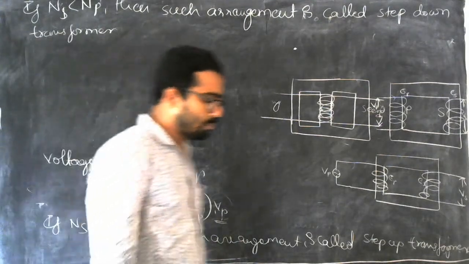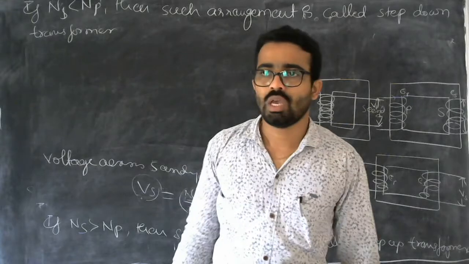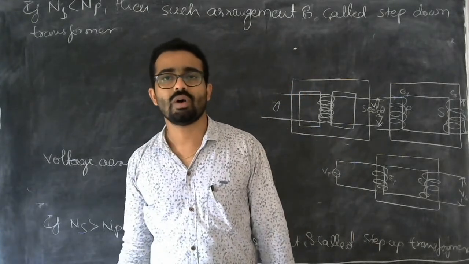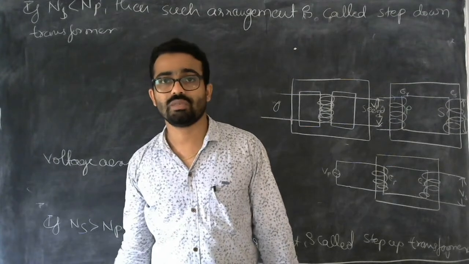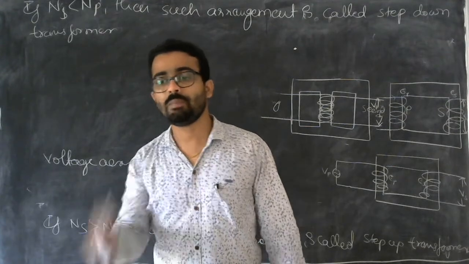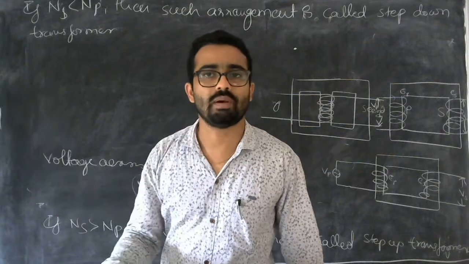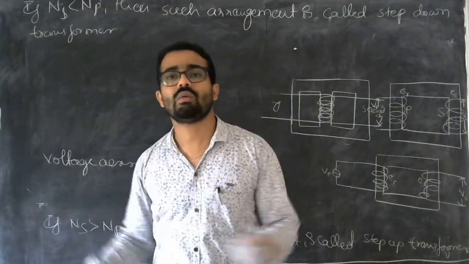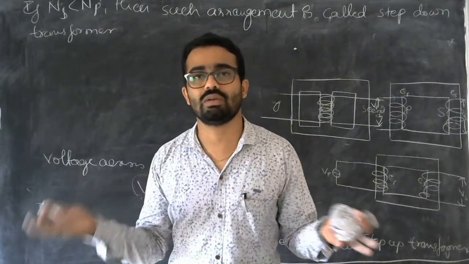And one more assumption we made, that is power loss is equal to 0. There is no power loss. That is why we can say input power must be equal to the output power, and if you take the difference of them, that should be equal to 0, because power loss is equal to 0, right?